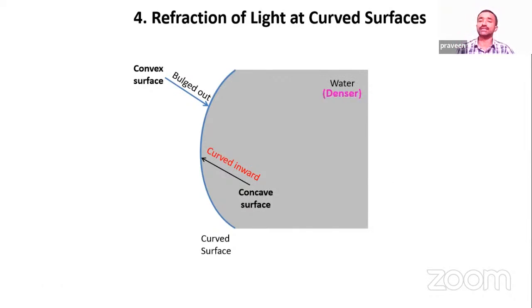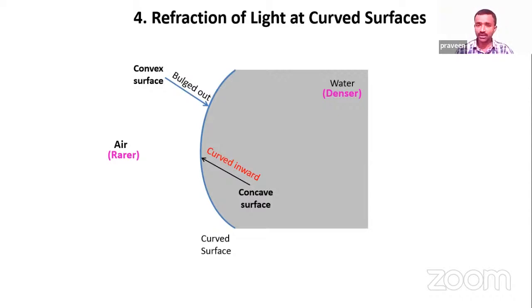That is the denser medium, and the other side, where nothing is shown, is simply air, called the rarer medium. These are the terms we are dealing with in curved surfaces, right? Convex surface, concave surface, bulged outward and curved inward. Then denser medium, the shaded region, and rarer medium, without any shading, unshaded, right?